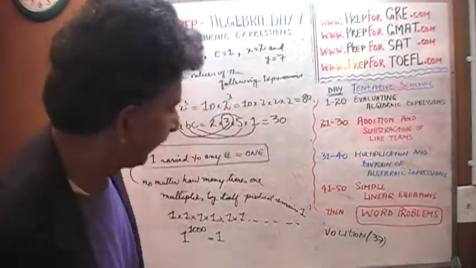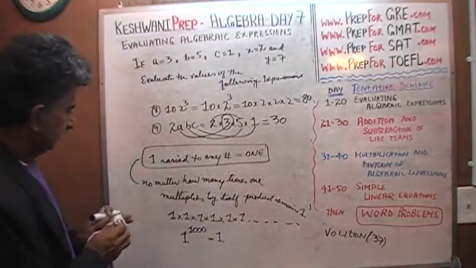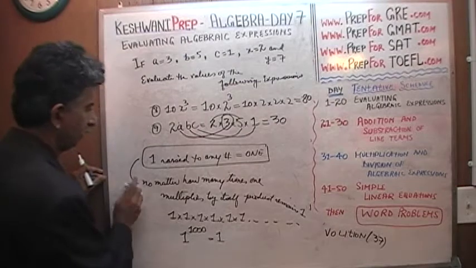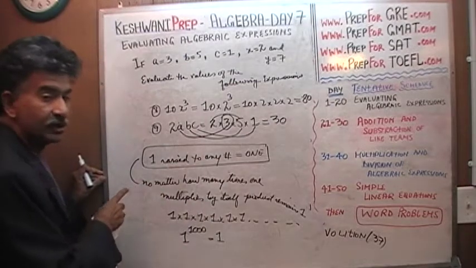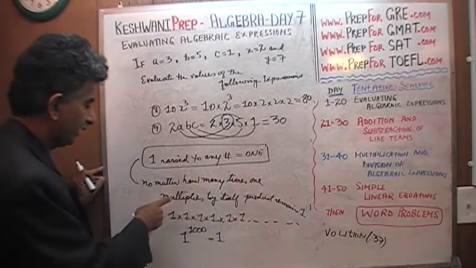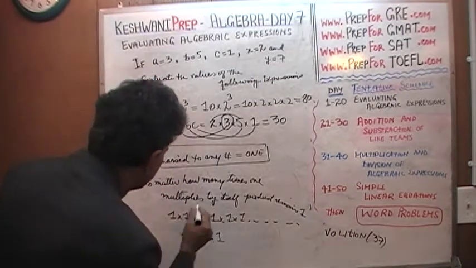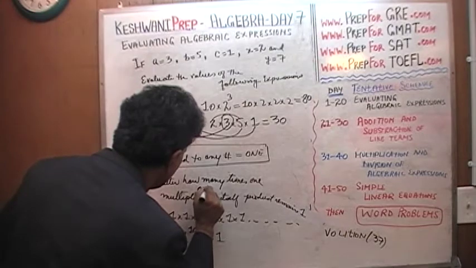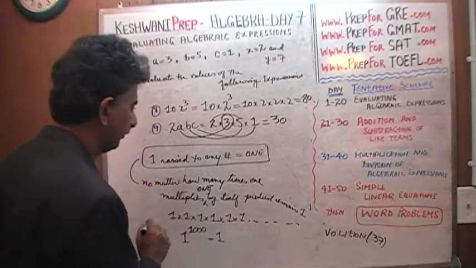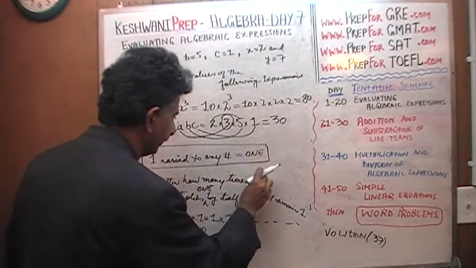Let's go on to the next one, the very last one. I'm going to erase this part, we no longer need it. 1 raised to any number is 1, which in English simply means no matter how many times one multiplies 1 by itself, the product remains 1. Let's get rid of this 1 here because it's confusing.